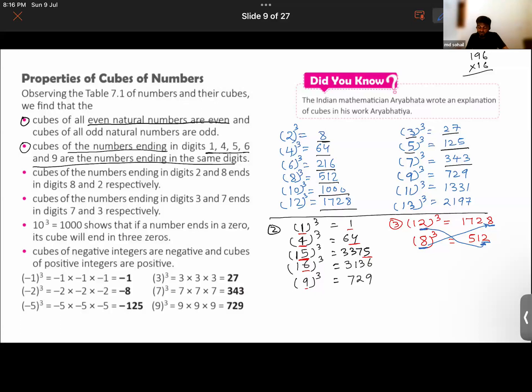Check for one more number. Write the cube of 2 and write the cube of 18. And do tell me if you observe a similar pattern.